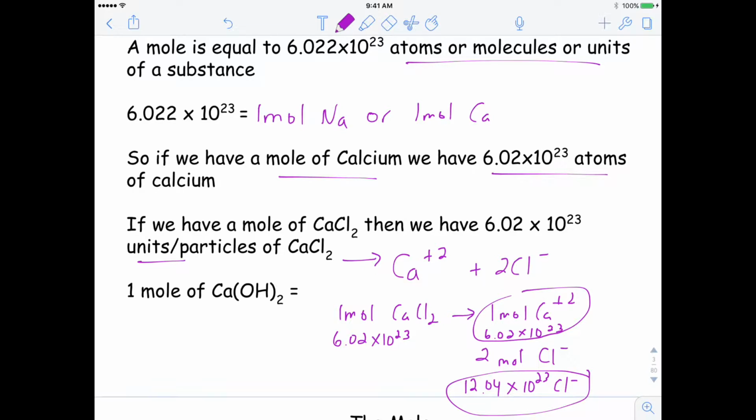So here's an example with 1 mole of calcium hydroxide. Let's say I were to ask you, how many Ca(OH)2 particles are there? What if I were to ask you how many ions are there?